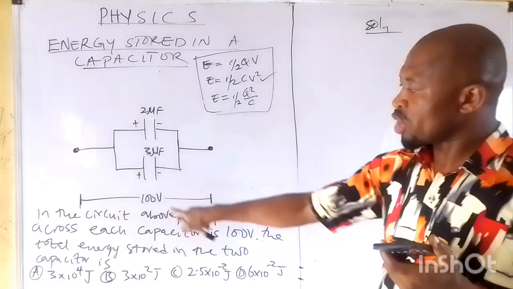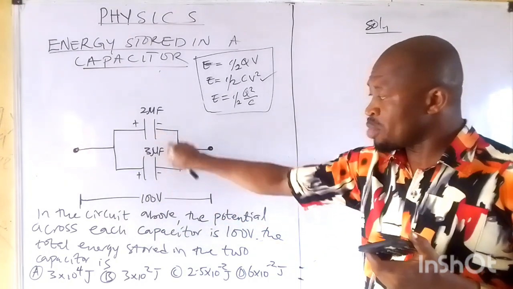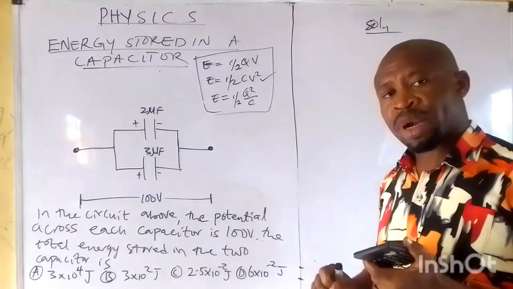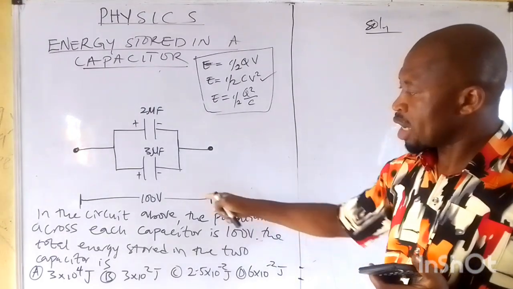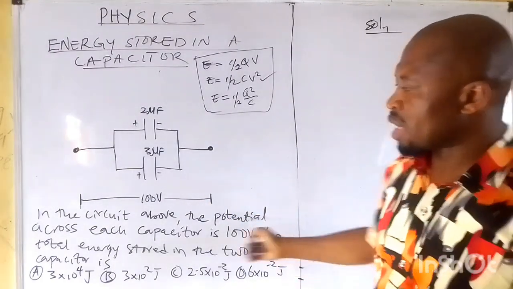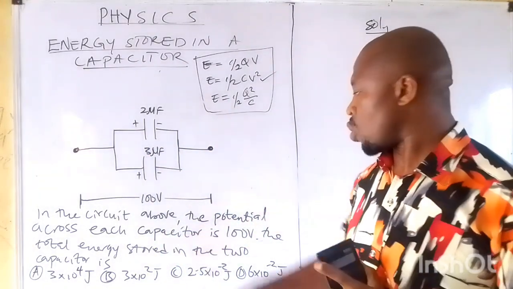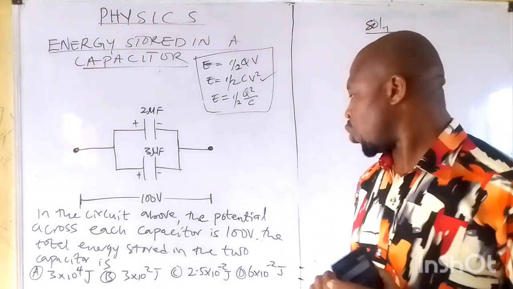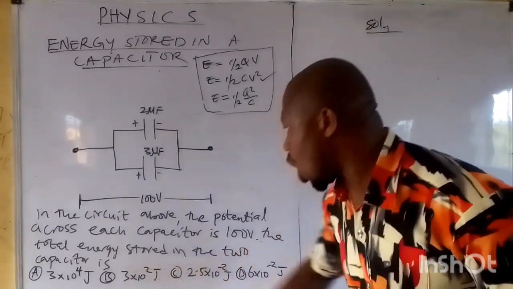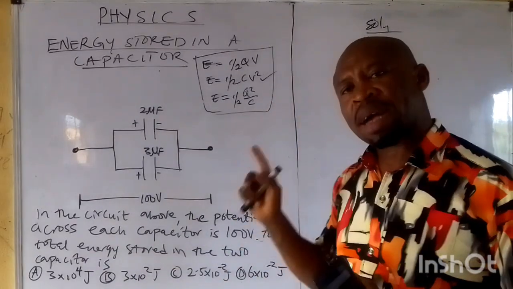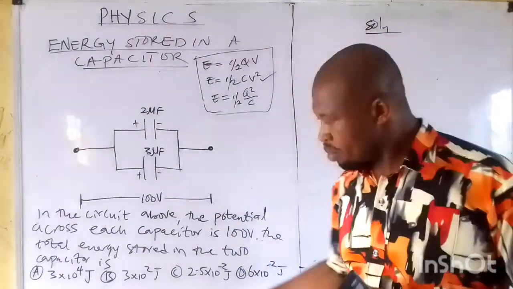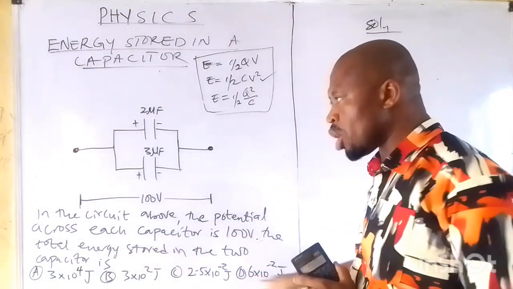Because it's a parallel connection, the whole arrangement is connected to a 100 volt supply. So we have that in the circuit above, the potential across each capacitor is 100 volts. The energy stored in the 2 capacitors is dash. It must be one of these options here.